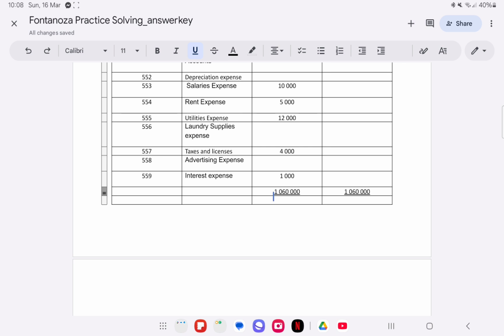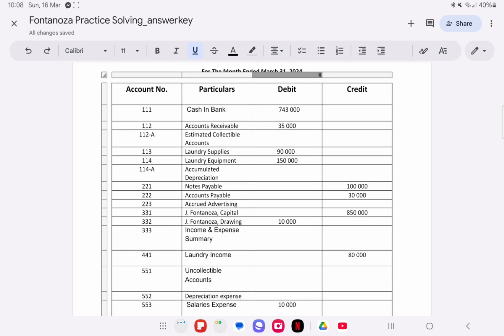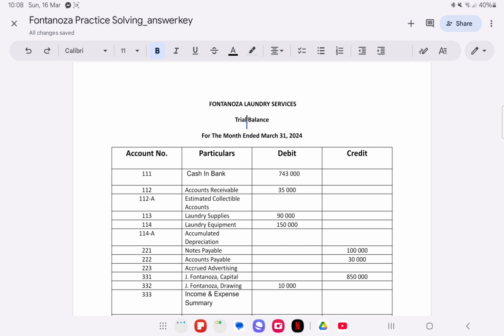So always put that into your mind. But if the amount is balanced, mark it double line. Okay, so that's the sample computation of trial balance under the Fontanoza Laundry Services problem.